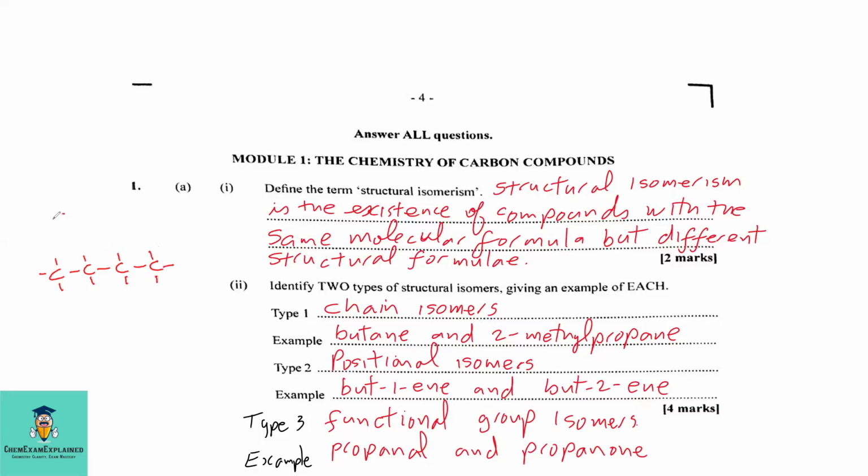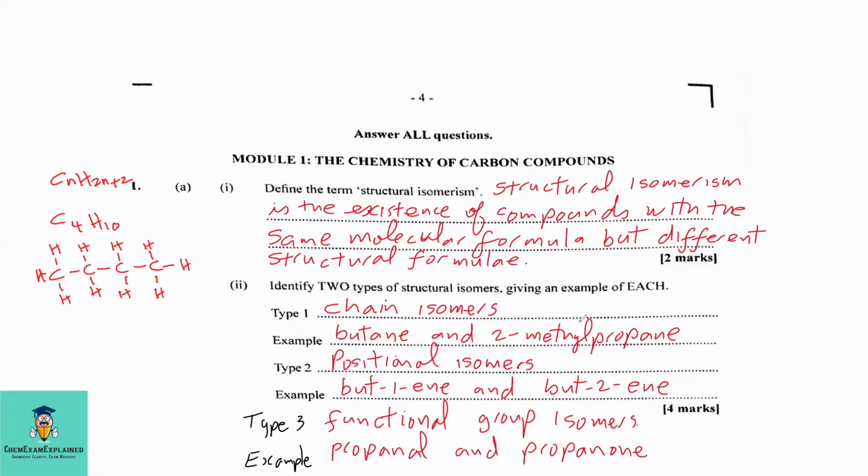The formula would be C4H10 because it follows the general formula CnH2n+2. 2 times 4 is 8, plus 2 is 10. So I should have 10 hydrogen atoms. So 1, 2, 3, 4, 5, 6, 7, 8, 9, 10.